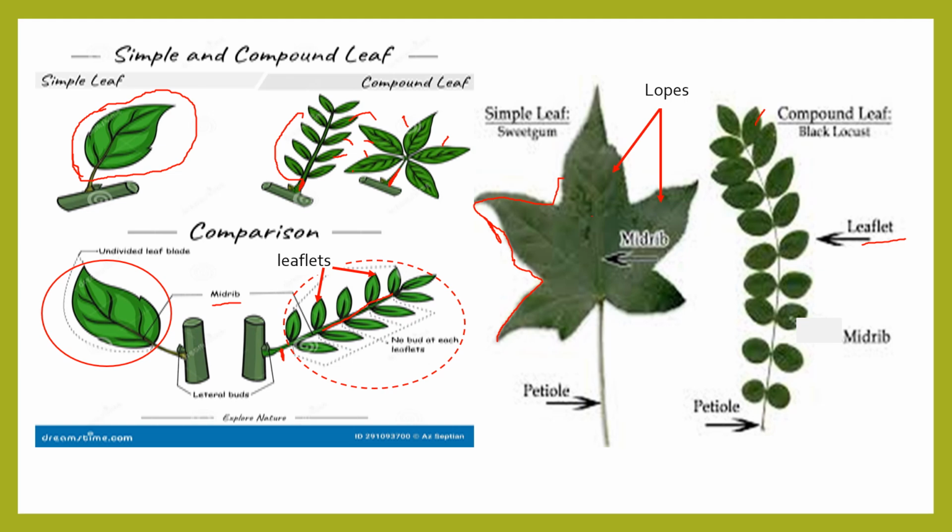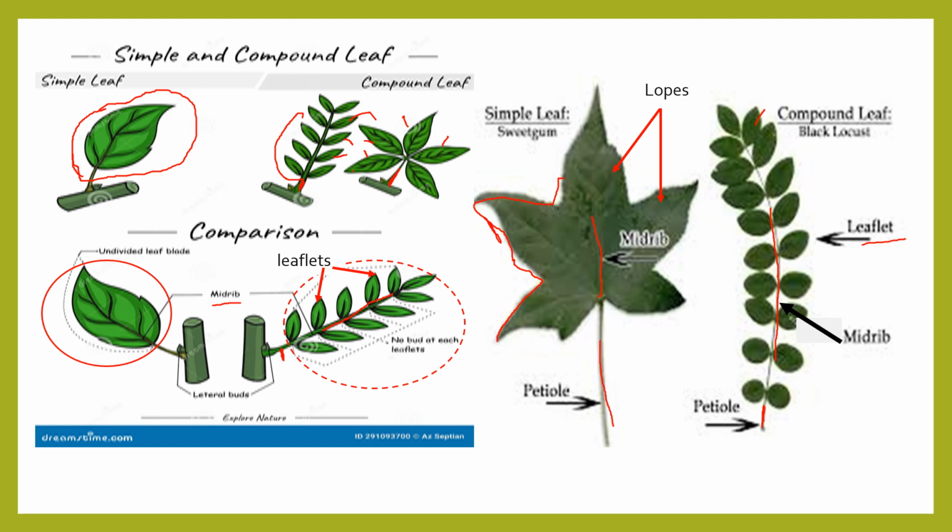Here you can see the midrib in the middle of the blade of this compound leaf. Down here is the petiole, which attaches the leaf to the stem. And this also is a petiole.